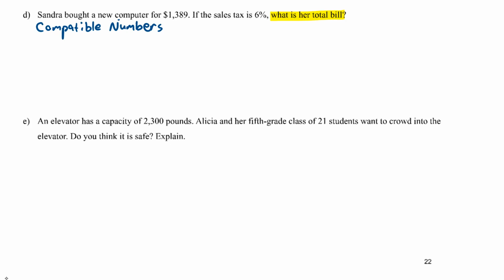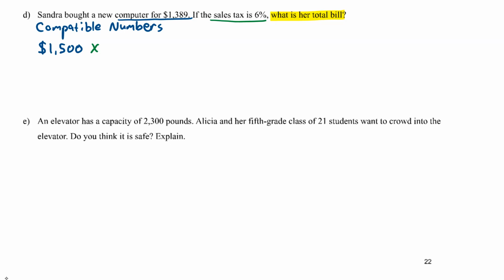So the computer is $1,389. Again, a compatible number, we could use something relatively close to that. We could look at if we did $1,500. And the sales tax is 6%, so we could keep that at 6%.